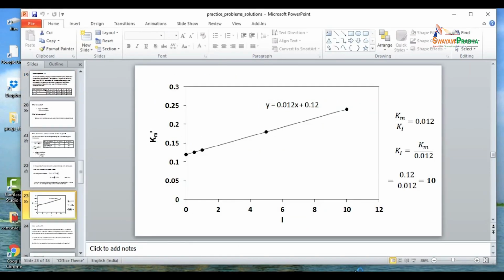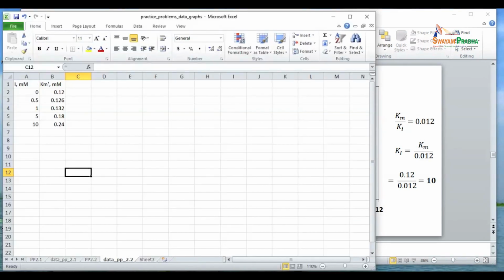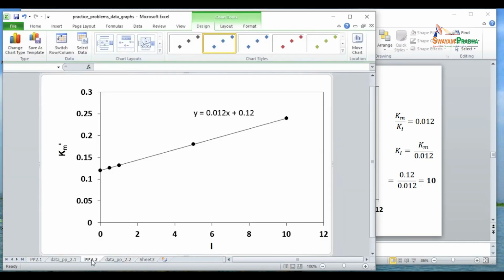Let me show you the working as a spreadsheet. I have I here and Km dash from the table given here. This is for plotting. When I plotted this, I got Km dash versus I as this. The equation was y equals 0.012x plus 0.12. Y in this case is Km dash, x is I, so Km dash is 0.012I plus 0.12.